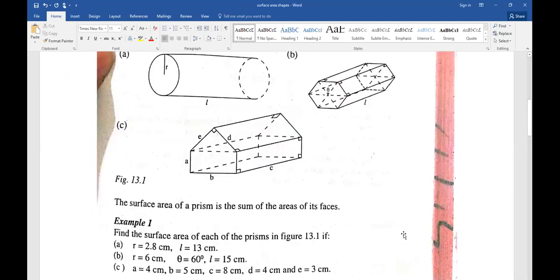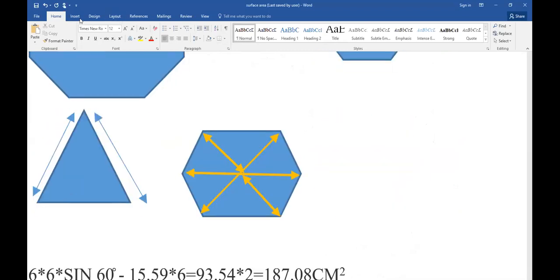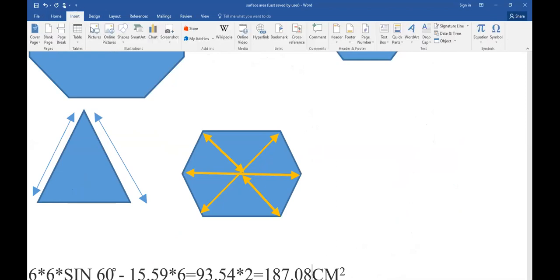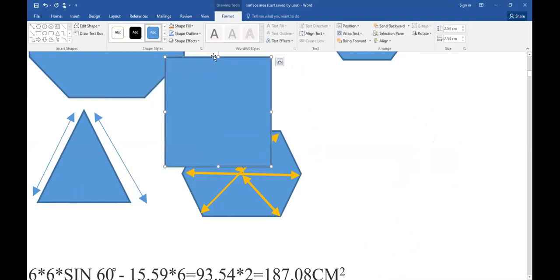Now we have been told that L, the length of the prism, is 15 centimeters. I want to take you back to this shape so that you can see, because as you can see, the remaining parts are rectangular. All of them are rectangular. So what I require here is to insert a rectangular shape.